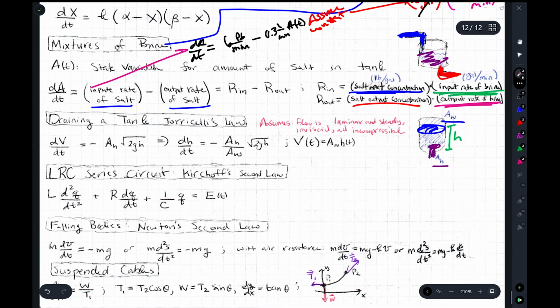Now, it's important to make assumptions. One assumption is that this works when the hole is small. It can't be a very large hole. We also assume that the flow is laminar and steady, so we don't get turbulent motion. The fluid is inviscid, so it's not a viscous fluid. Viscous is kind of a clumpy fluid, with a lot of friction going on in it.